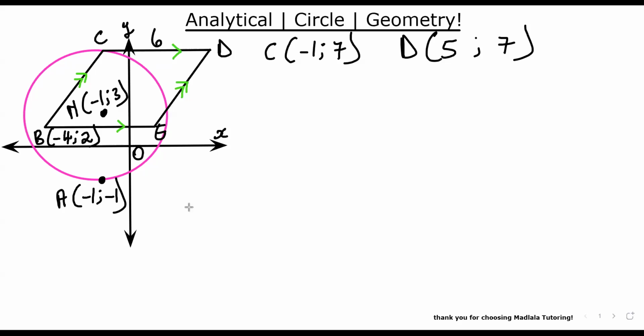Well, I'm just going to underline it for you. So this is B, and that is C, and this is D, and this is what we have. This is the area of the triangle, which we must determine, all right?